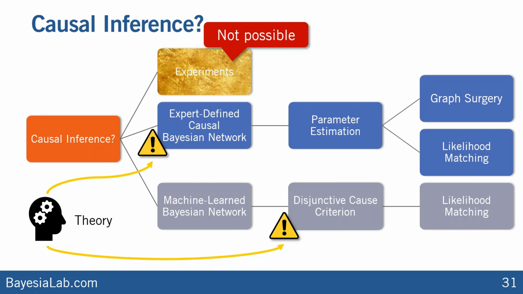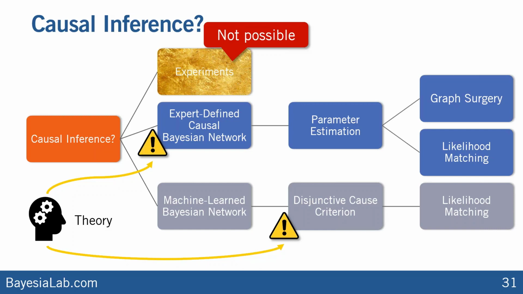We're years after this campaign happened, so all we have is observational data. So we need to pursue alternative paths to get to causal inference, and we will explore both of the blue and the gray path that you see here on this chart, and both involve theoretical knowledge, just at different points.